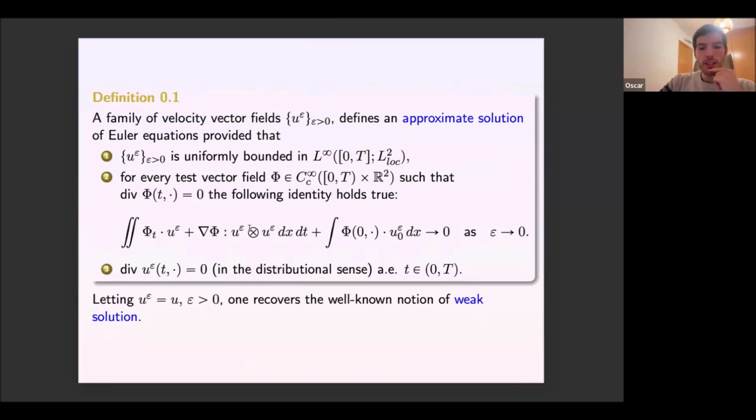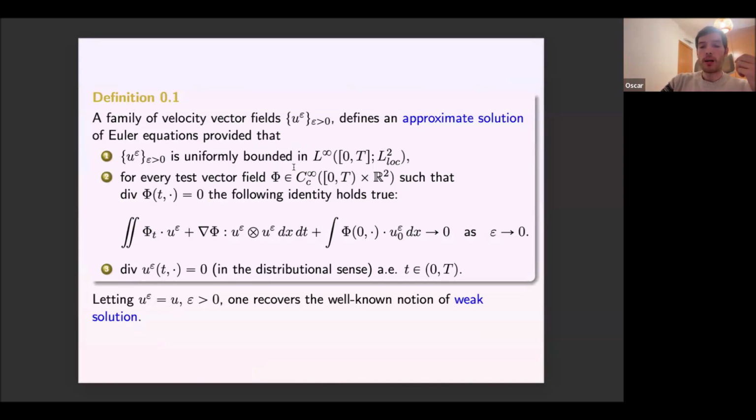So instead of these quantities being 0, they only assume that these quantities converge to 0 as epsilon goes to 0. So in some sense, this u^epsilon approximates the weak solution, and there is a remainder there. And of course, one has to add the incompressibility condition, in this case in the distributional sense, for every u^epsilon.